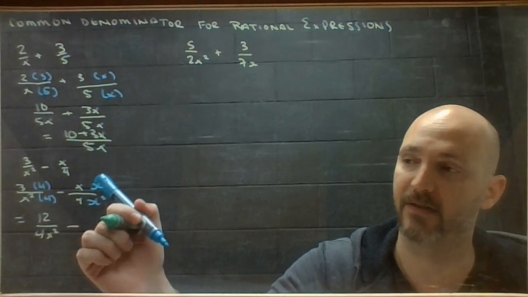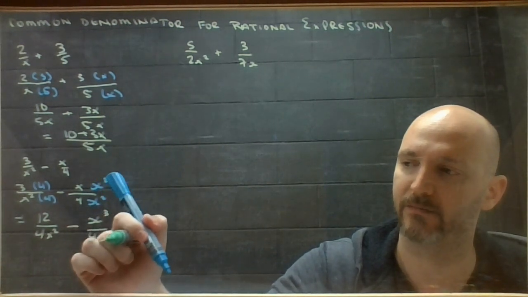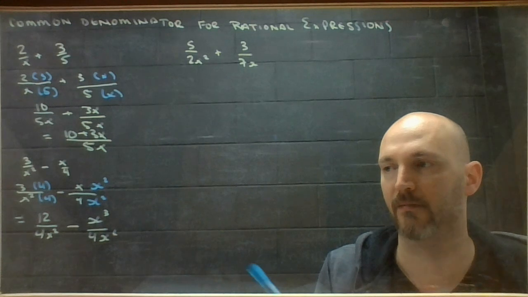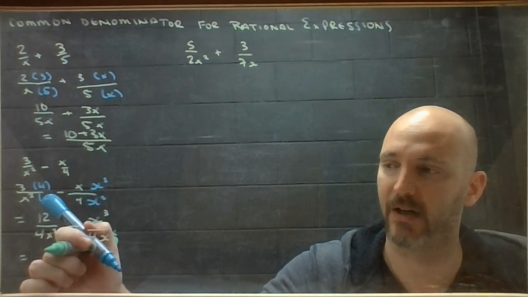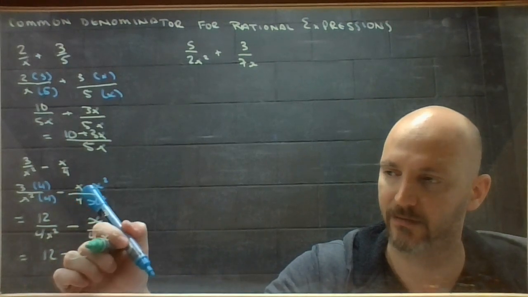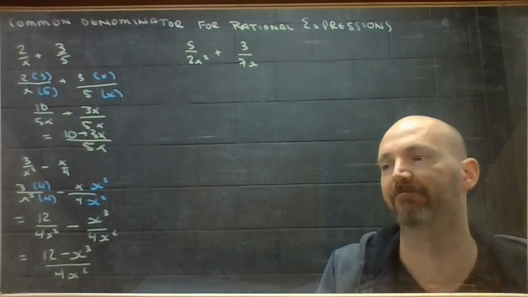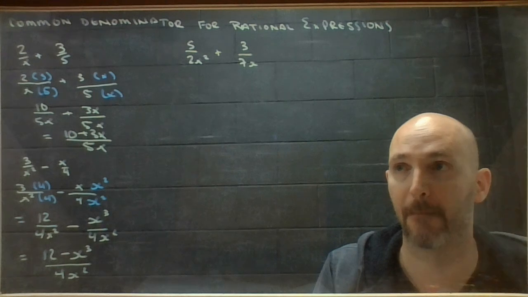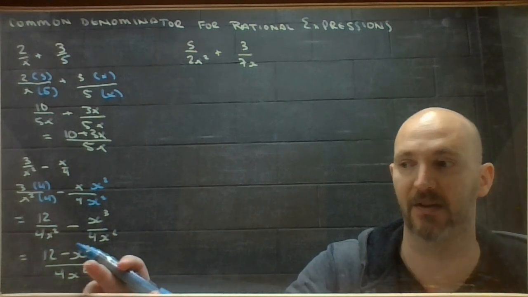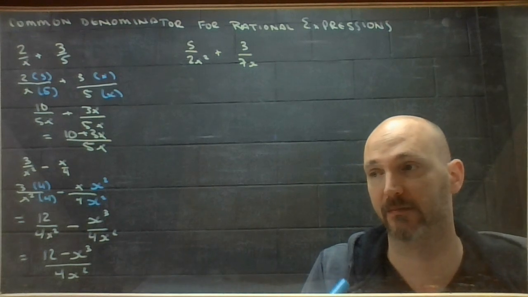And x times x squared is x cubed over 4x squared. Those are both divided by 4x squared, so I can combine them as a single fraction, like so. 12 and x cubed are not similar terms, because this one doesn't have an x at all, this one is only x, so I'm complete there.